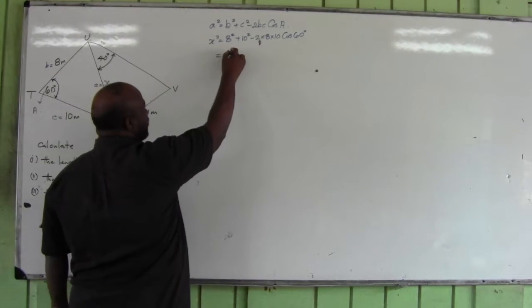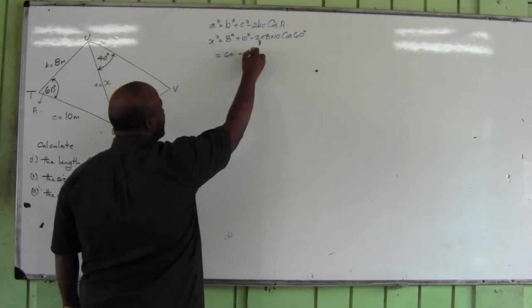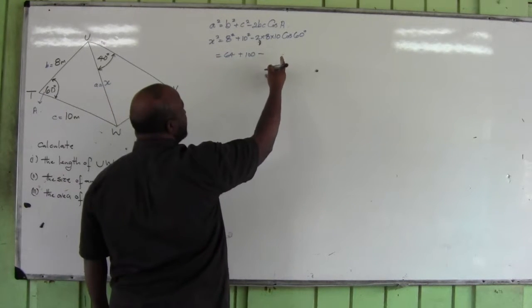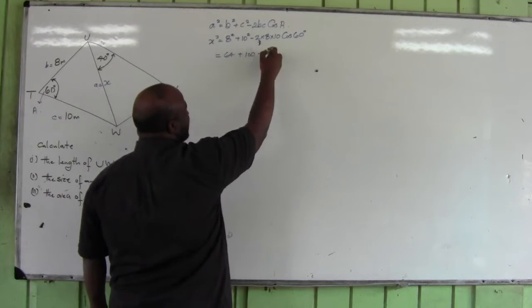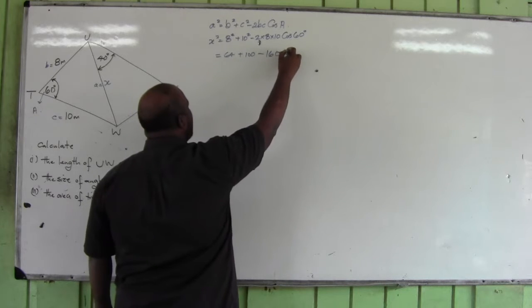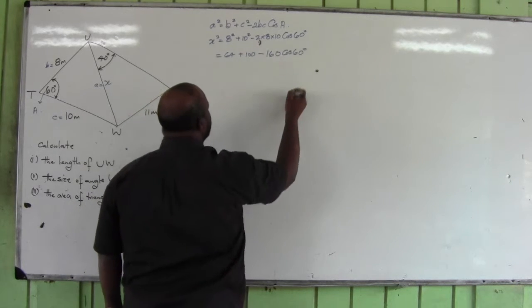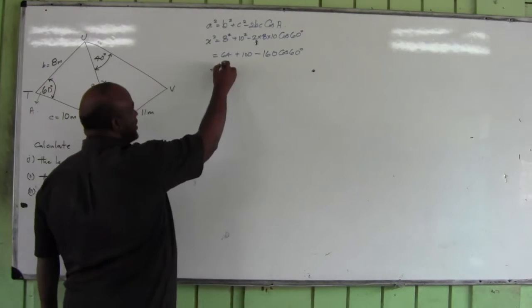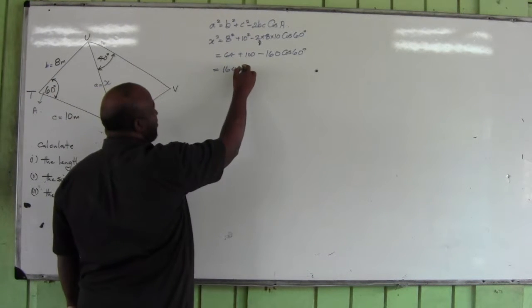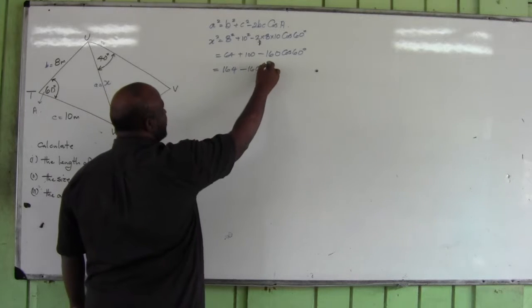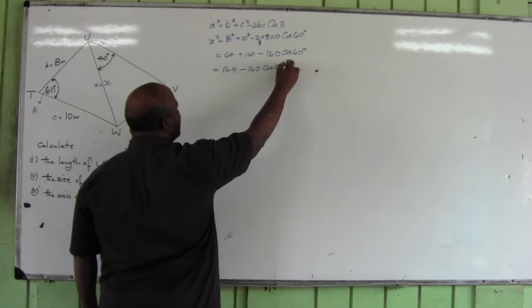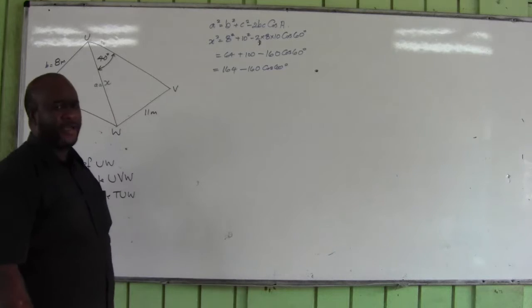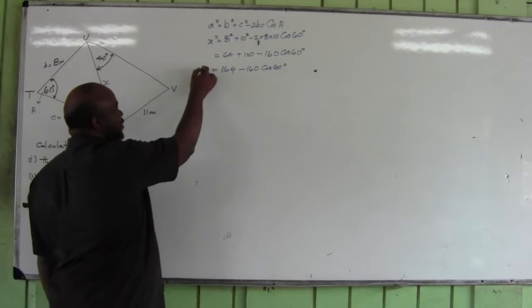This is 64 plus 100 minus 16 times 10, 160, cosine of 60 degrees. Alright, this would be 164 minus 160 cosine 60 degrees, and this is x squared.